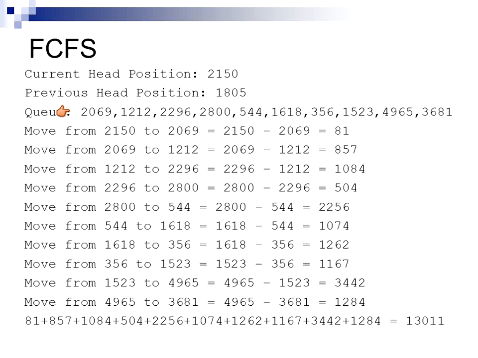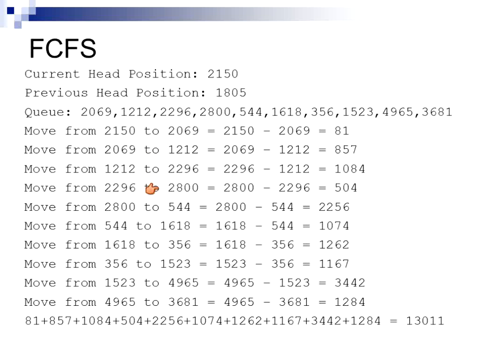So the first cylinder we need to get to is cylinder 2069. So we're moving from 2150 to 2069, and that gives us a distance of 81. The next one we would move to would be 1212, and that gives us a distance of 857. Then we would move to 2296, and that gives us a distance of 1084.